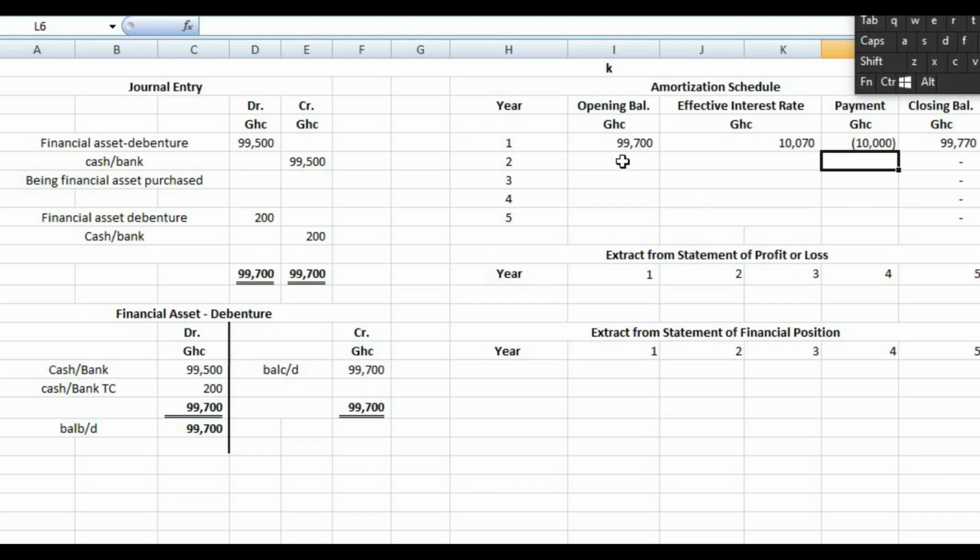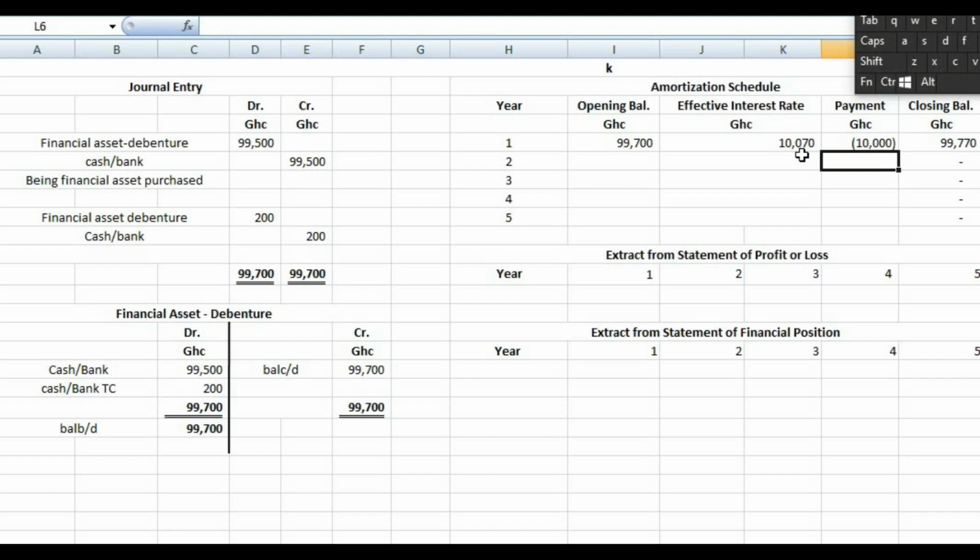If you haven't watched the breakdown of the amortization schedule I did in my previous video, kindly do so, because I explained what the amortization schedule entails. So at the beginning of the amortization schedule, we are going to have 99,700, and we charge interest of 10,070.